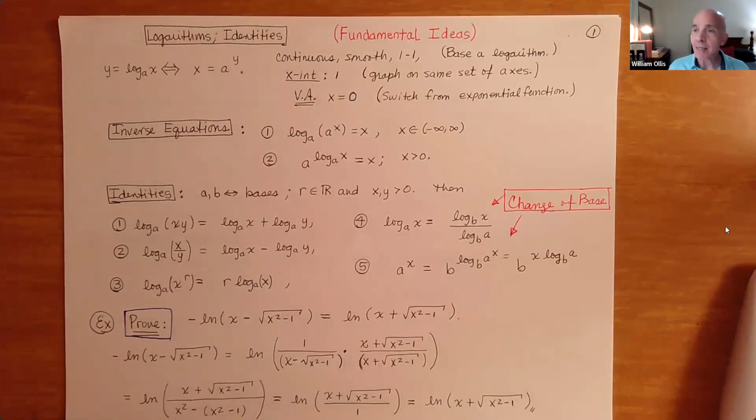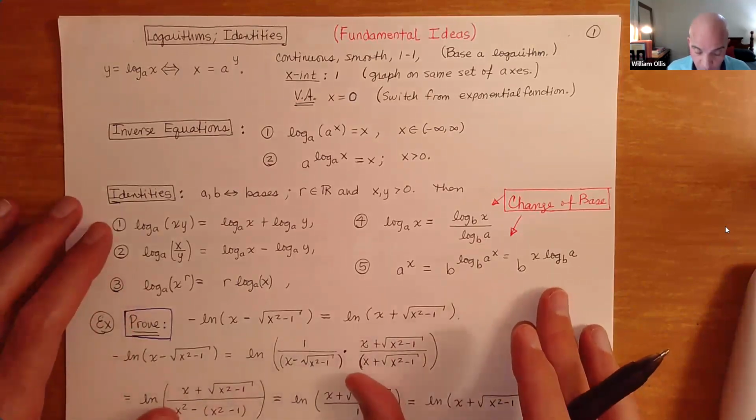An identity is an equation that is true for all values of the variables for which it is defined. So it's a way to rewrite an expression that may be much more amenable to solving a particular problem. We find this to be the case when we're trying to solve equations, and equation solving is fundamental to mathematics.